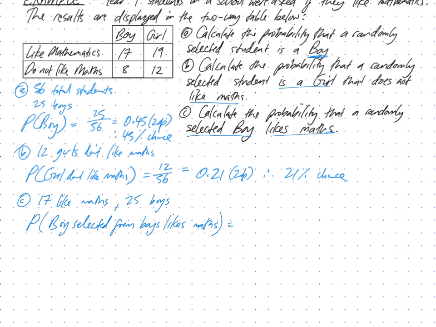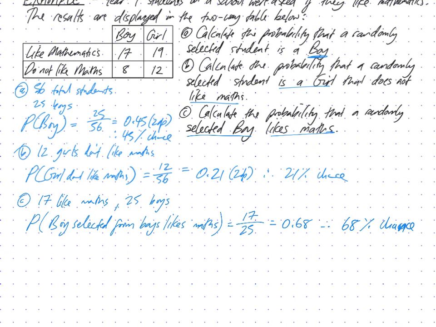So for a boy likes maths, you've got 17 like maths out of the 25 boys. 17 divided by 25 is 0.68, therefore a 68% chance that out of the boys, if you select one of them, that they will like maths.